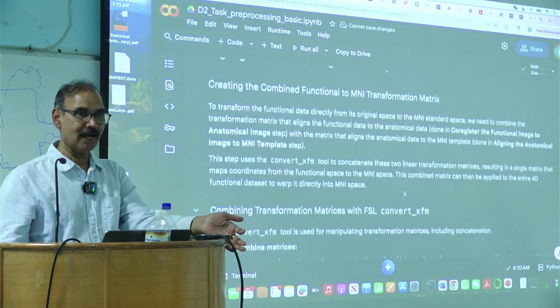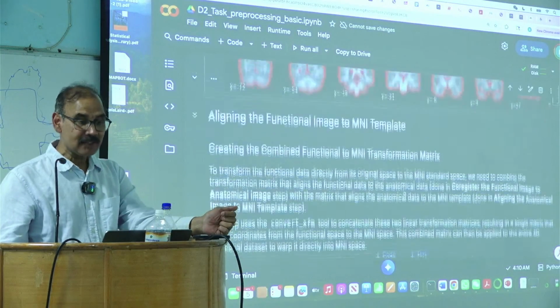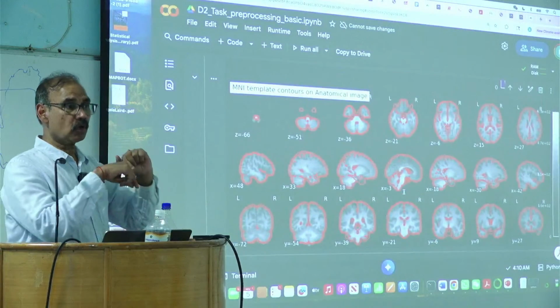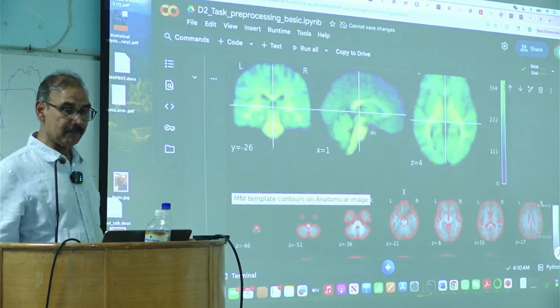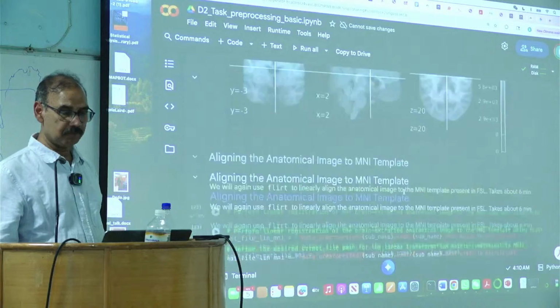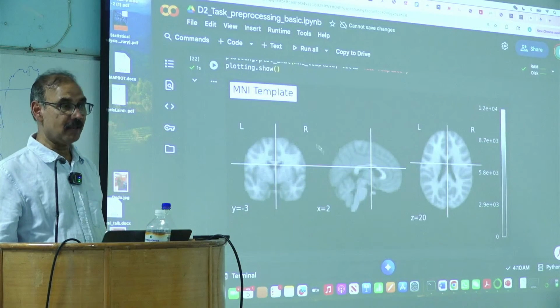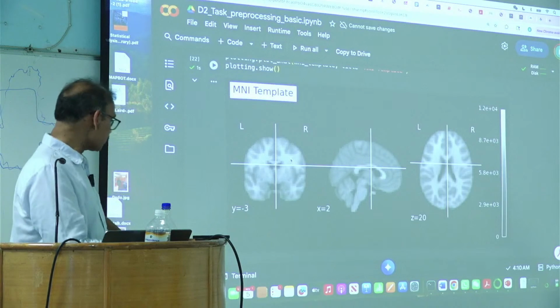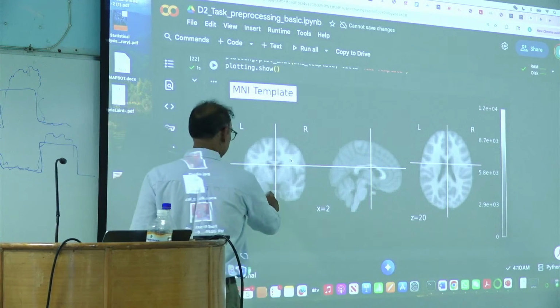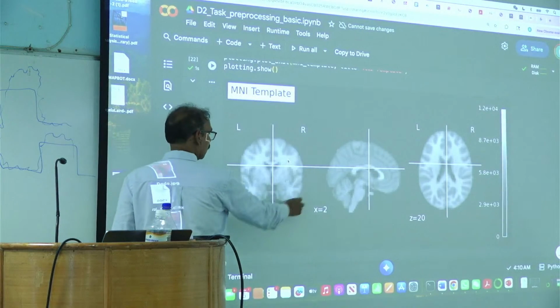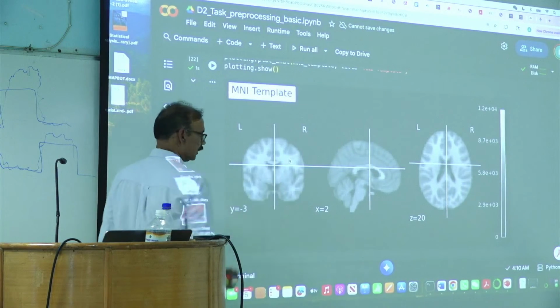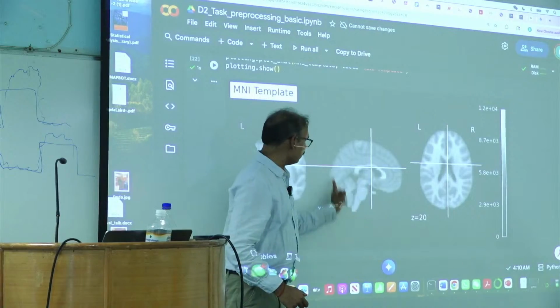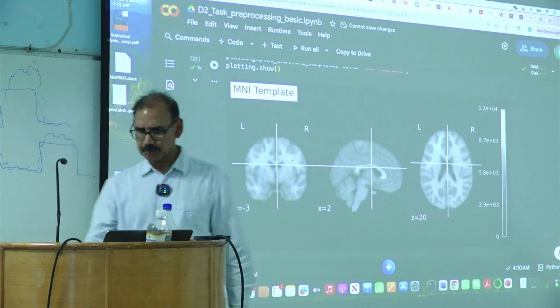So that's the contour, right? So this is the MNI template, right? So the contour of this one would be like this, and for this one, it would be like that also.